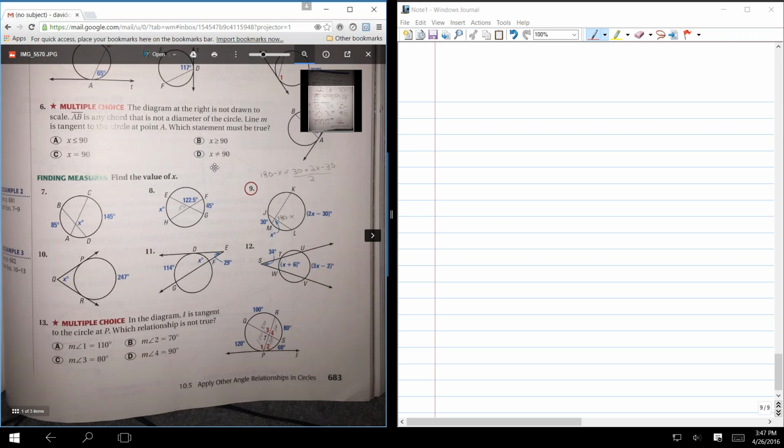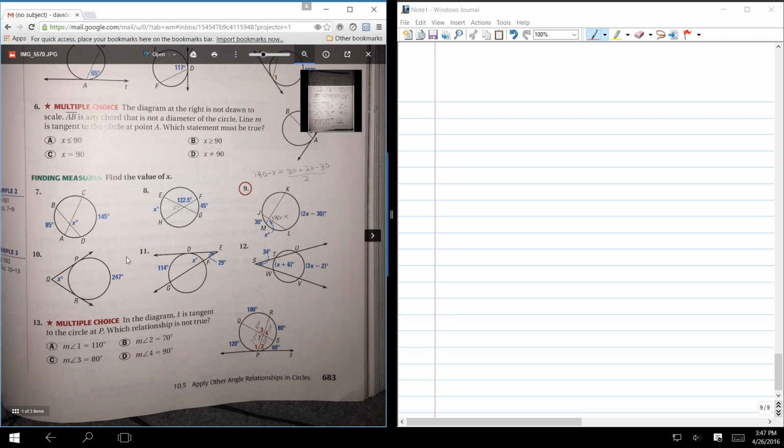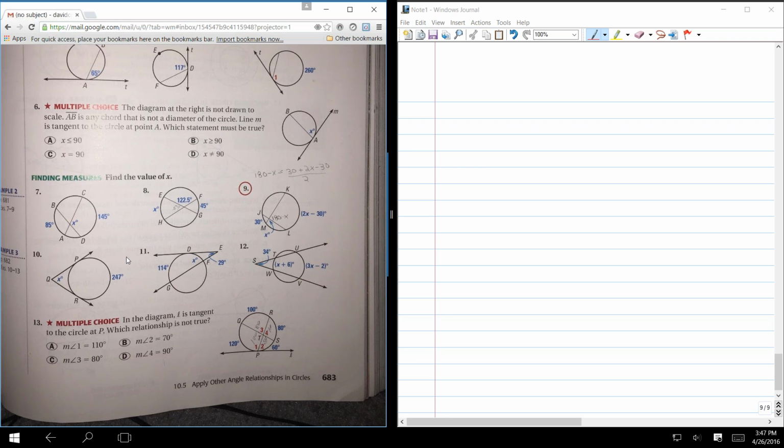All right. Number 7. Find the value of X. What's the rule for intersecting chords in a circle?